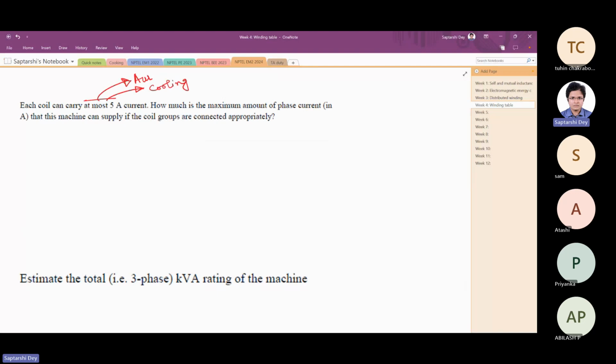So each coil can carry at most 5 ampere current. How much is the maximum amount of phase current this machine can supply if the coil groups are connected appropriately?